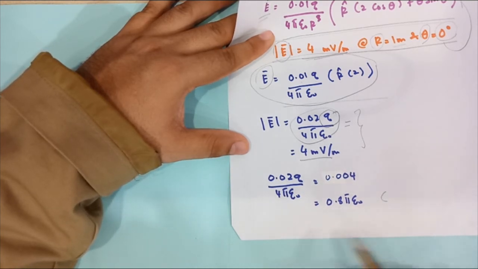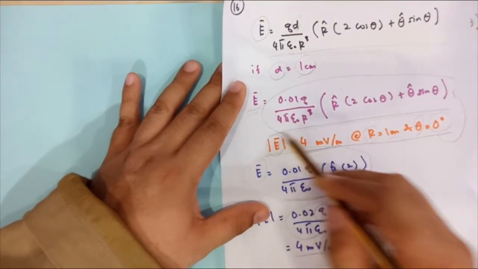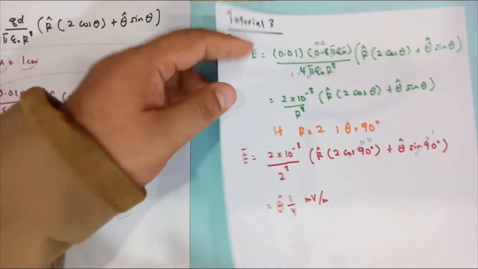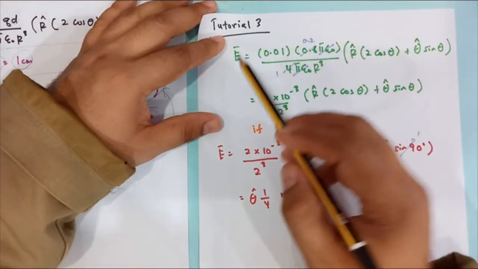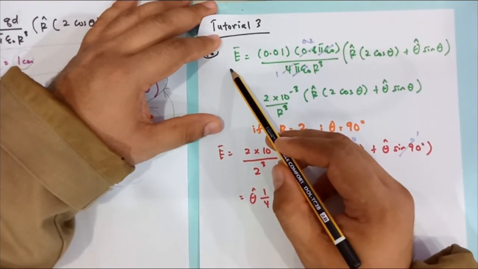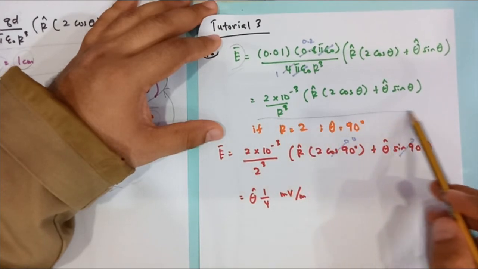Once we have decided the value of Q, we just put the value of Q in this expression, and then we have the general expression that represents our electric field intensity vector E, given by this formula.